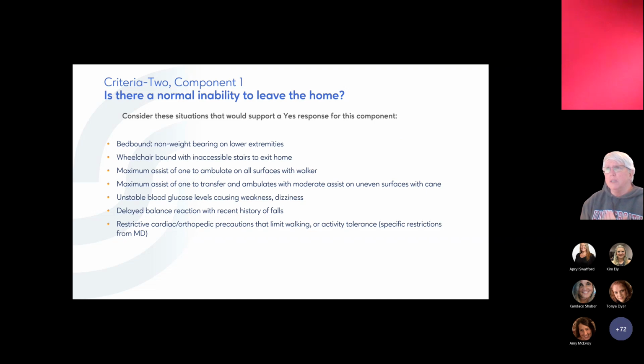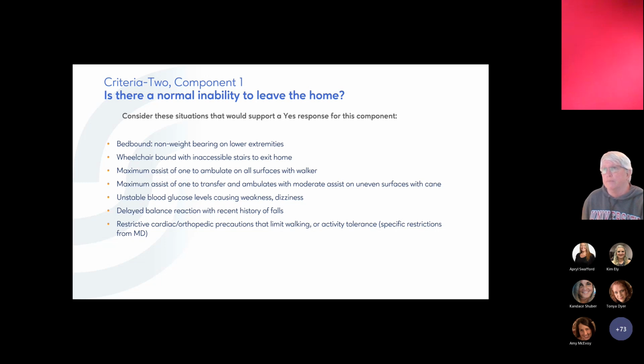All these things can be considered as contributing towards their homebound reasons. So sometimes it might take a little dive into the documentation. If you get that little squirrely feeling on the back of your neck saying, I'm not sure this patient is homebound, and the clinician has not really described it well for you, can you find anything that'll really support it in the documentation or in this patient's medical history? Any of these would be ways to cue your mind of what to look for within the chart.